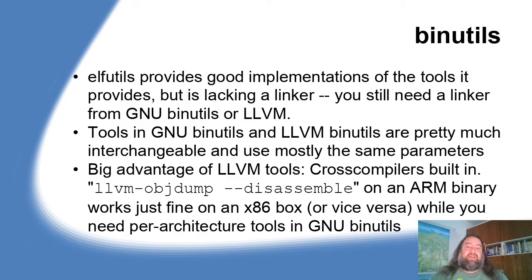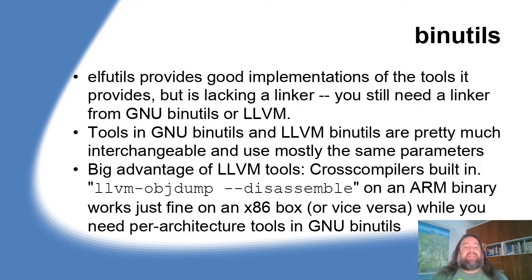The tools in GNU binutils and LLVM binutils are pretty much interchangeable. They use the same parameters. They are drop-in replacements for each other, with a couple of slight differences. And the LLVM tools have one big advantage: the cross-compilers for all targets can be built in.